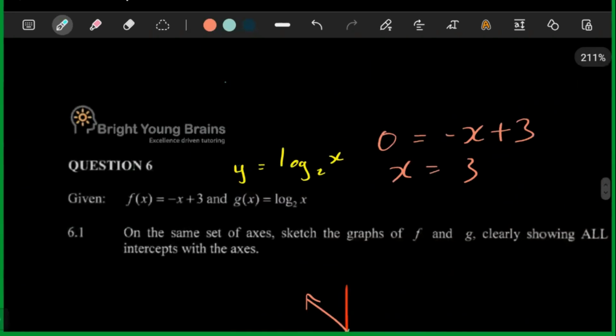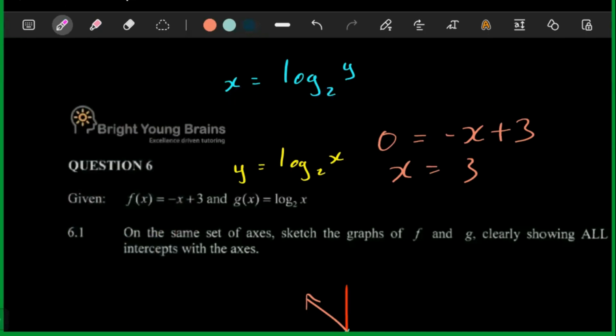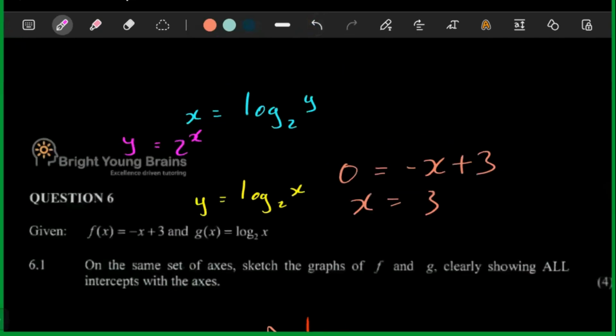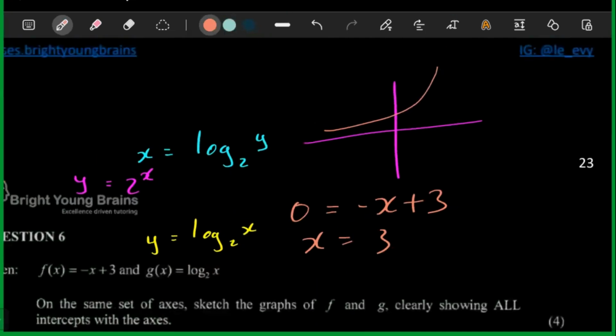For example here, you can make this x, and then the x you can make it y. If you're going to make y the subject of the formula, remember, the idea is this is the base, this is the exponent. So you're going to have 2 to the power of x, and that's going to be your equation of y. So this equation on a Cartesian plane, if the x values are increasing, your graph would look something like this, going upwards.